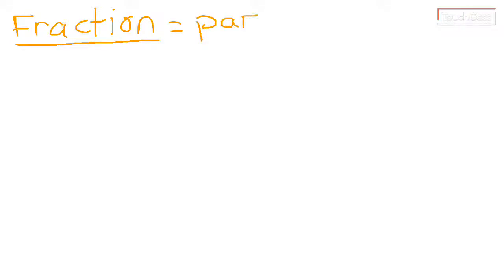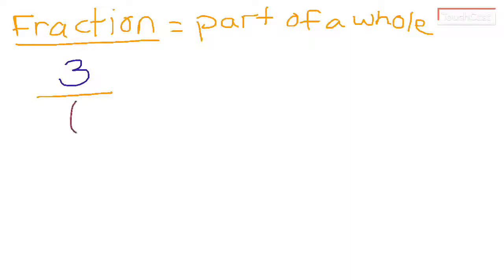Okay, so what we're going to go over first is what is a fraction. Okay? So, remember, a fraction is part of a whole. Part of a whole, and there are two parts to our fraction. We're going to have our numerator, which we'll make a 3, and a denominator, which we'll make 6.